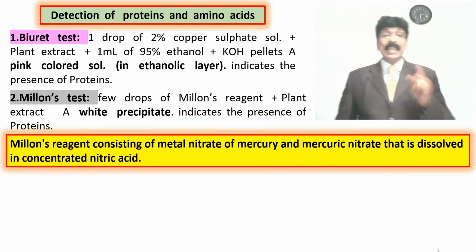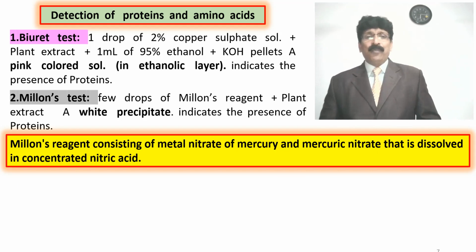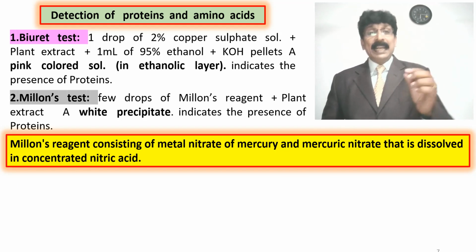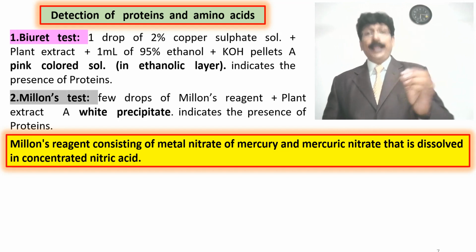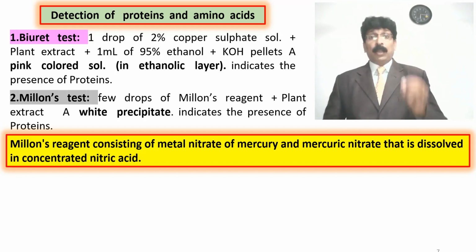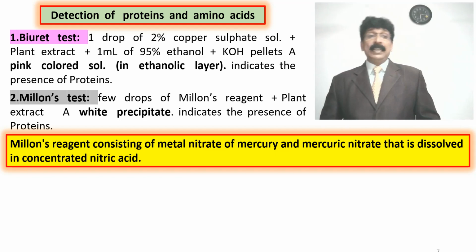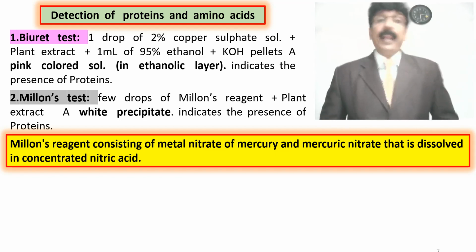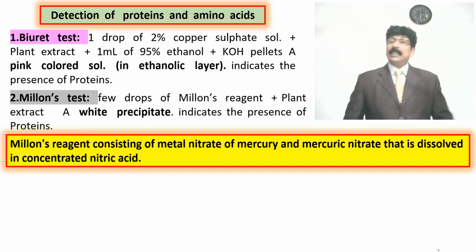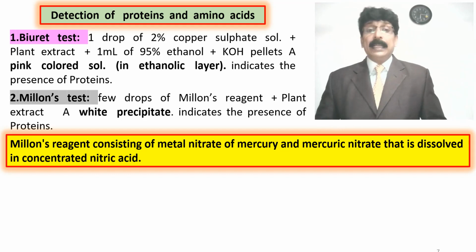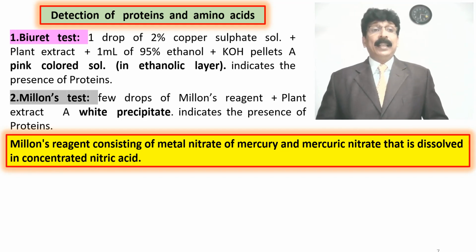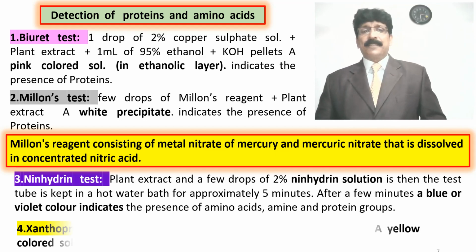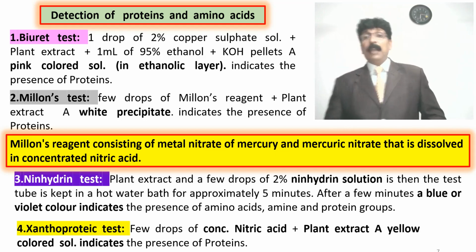Millon's reagent consists of mercury nitrate and mercuric nitrate that is dissolved in concentrated nitric acid. That is the Millon's reagent.